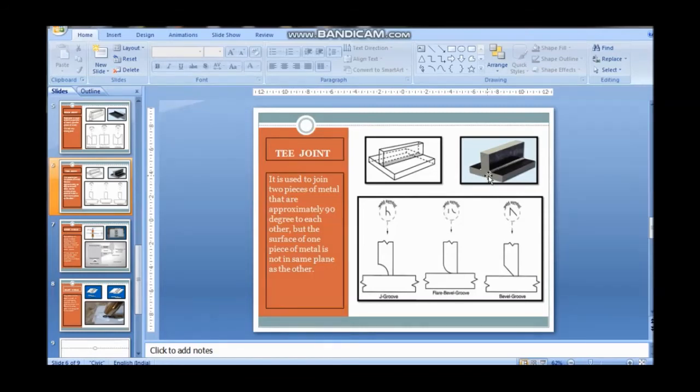We can use welding on a single side or both sides. When more joint strength is required, then we use welding on both sides. When less strength is required, then we use welding on a single side. See, this is your J groove symbol, this is the bevel groove symbol, this is your T joint. The joint shape is the shape of a capital letter T.